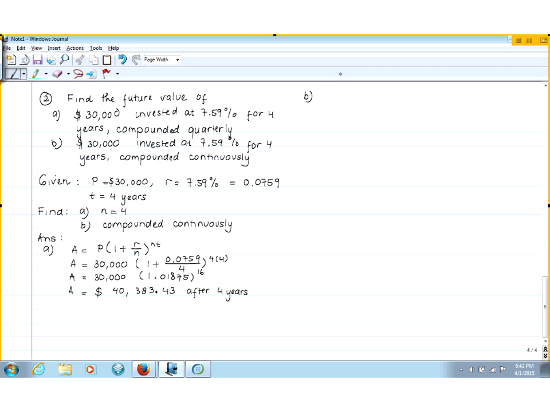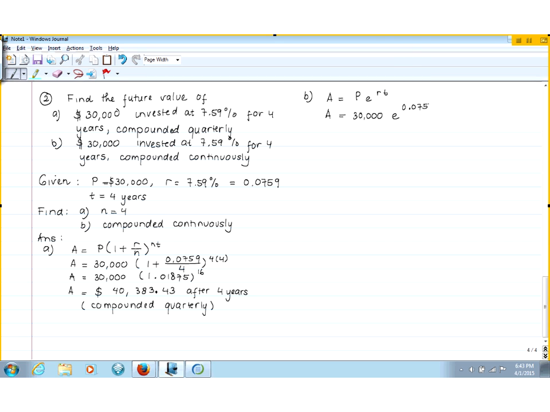Okay, so B. After 4 years, that was if this is compounded quarterly. Alright, so now let's talk about the one in which it is compounded continuously. So P in this case is 30,000.